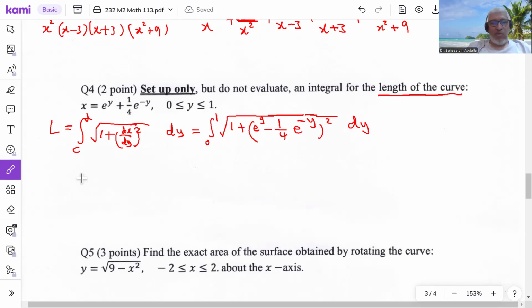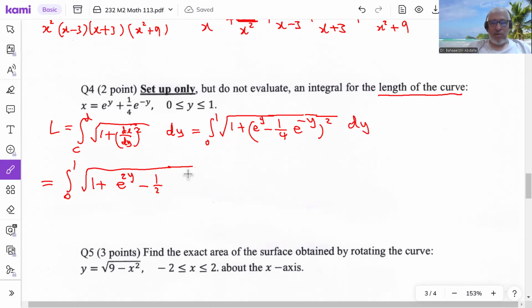If you want to take it one step further without evaluating the integral, then let me expand the power. So I'll have e to the power 2y, minus 2 times 1 over 4, which is 1 over 2, times e^y times e^(-y), which is e to the power y minus y, which is 0, and e to the power 0 is 1. So the answer would be negative half.